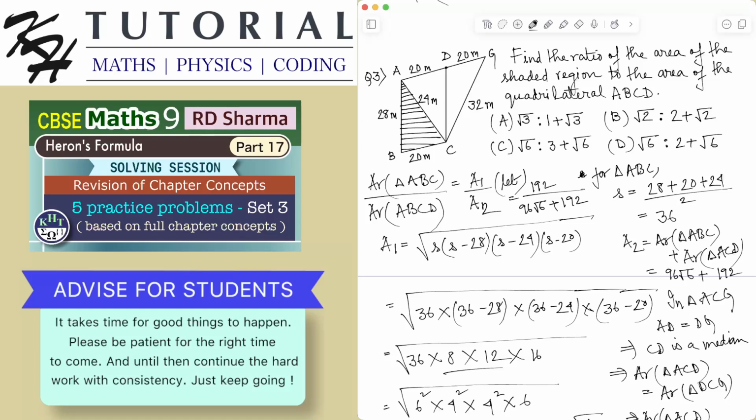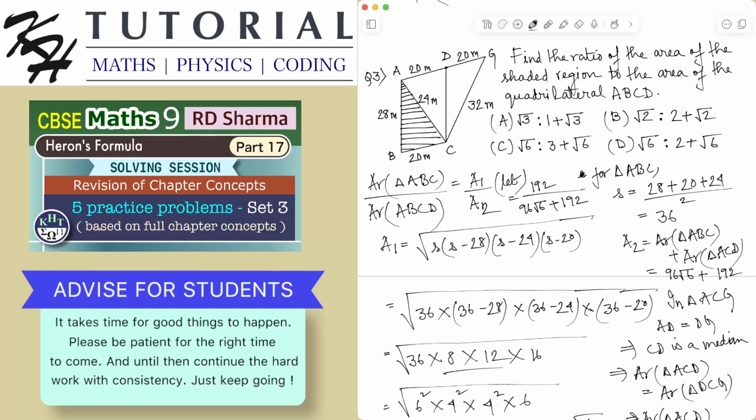Okay. Now we have to simplify this ratio. 192 divided by 96. So 96 divides 192 by 2.